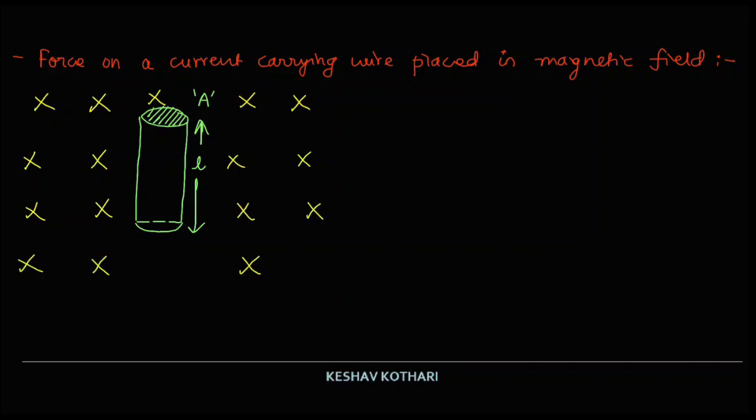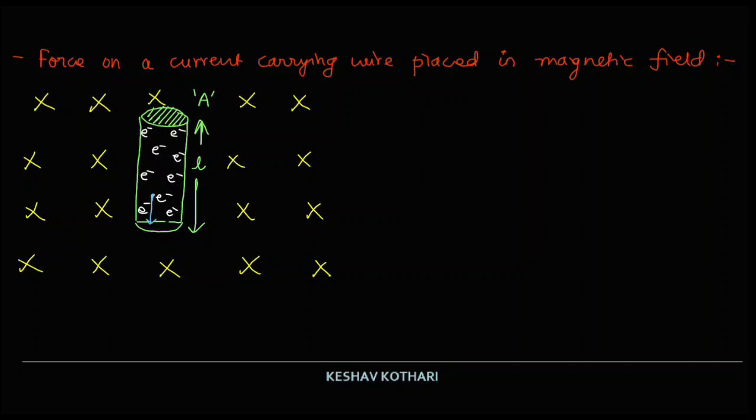And we are considering that the electrons in this wire are moving in the downward direction.